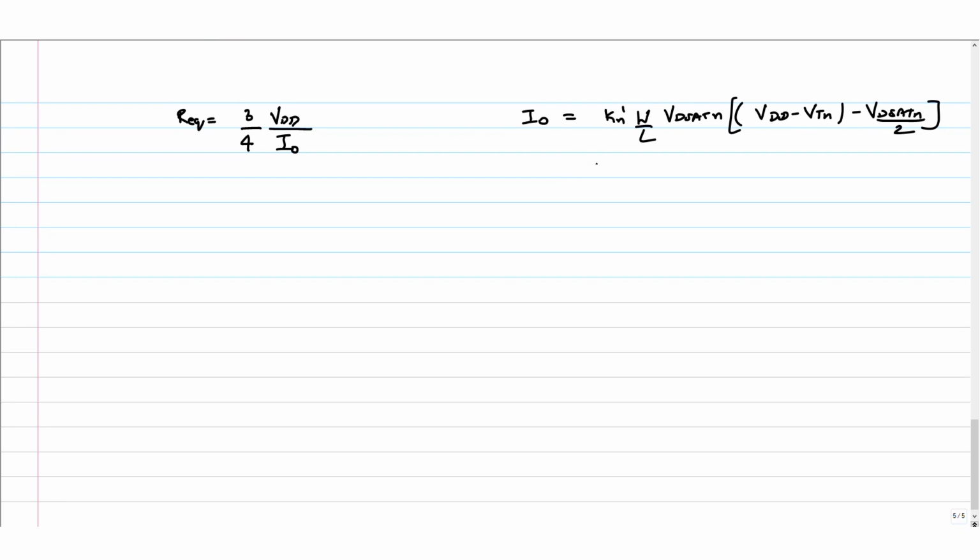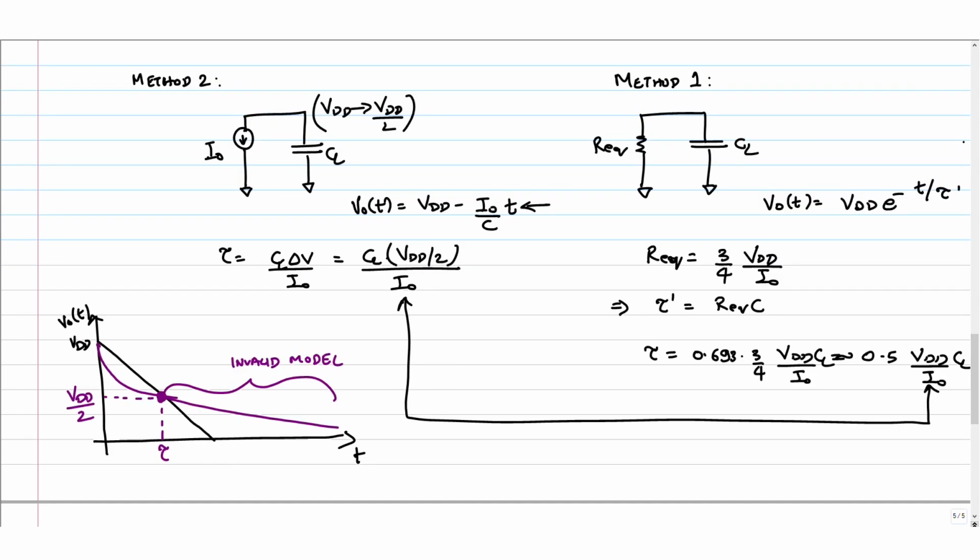If it is a long channel device and it enters the saturation region, then it is just Kn prime W by L into Vdd minus Vt whole squared, times half. Right, this is velocity saturation. It doesn't matter. So this is a long device, this is a short channel device.